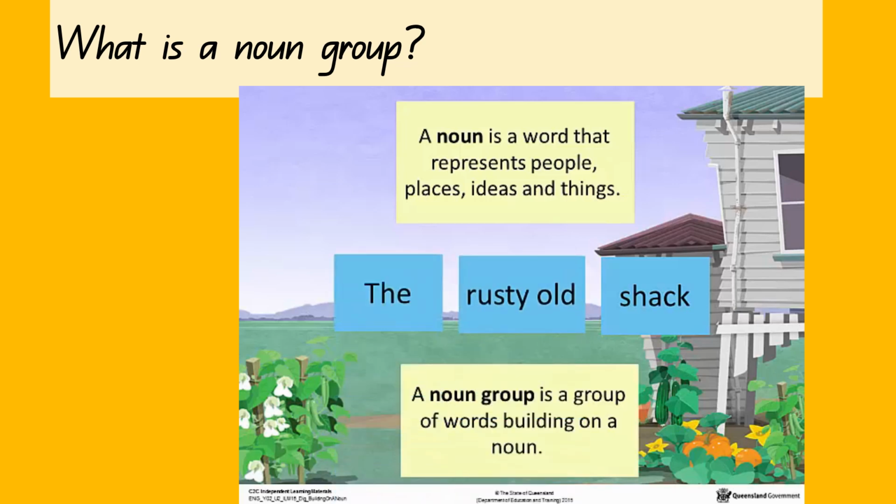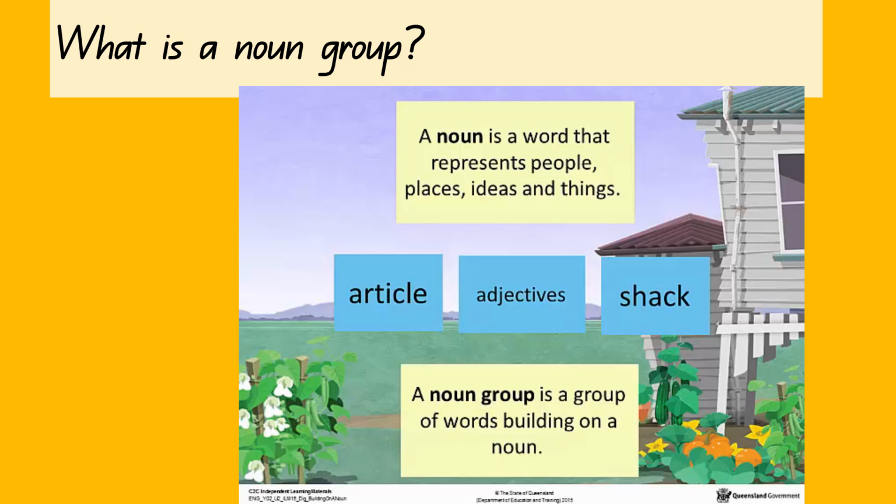The rusty old shack. The is the article and lets us know which shack. Rusty and old are the describing words or adjectives, and shack is the noun. The word shack is the name of a type of building. Is that what you thought a shack would look like?